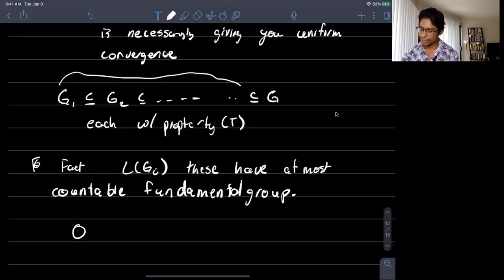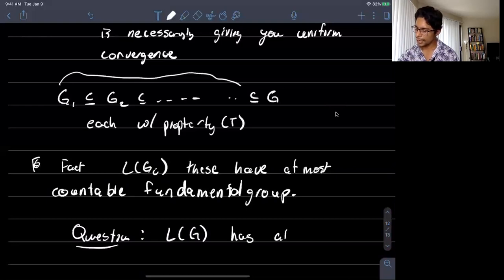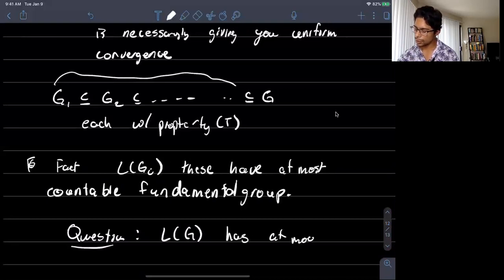The question that I'd like to ask is, does it necessarily follow that L of G has at most a countable fundamental group?